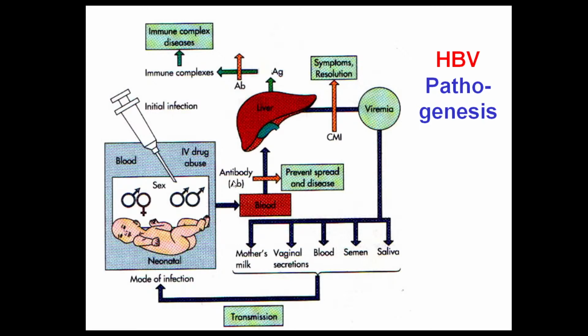So here you can see that the presence of antibodies is very important, because as soon as the virus enters the bloodstream by any of the routes, if antibodies are present in the bloodstream, they can prevent the spreading of the virus into the liver, so they may prevent the development of the disease.